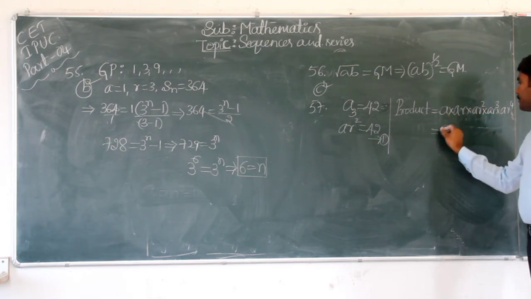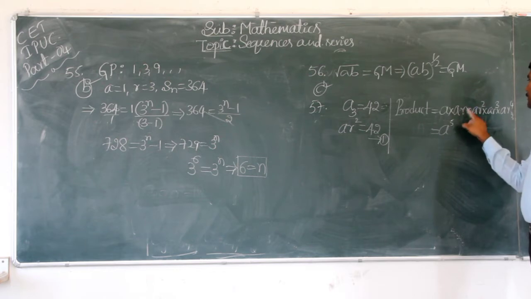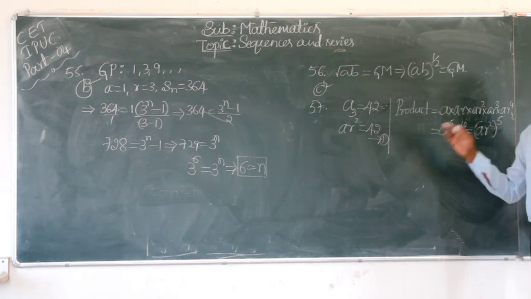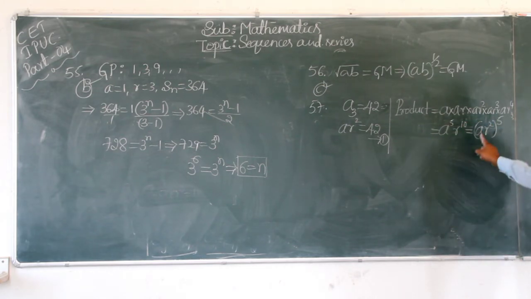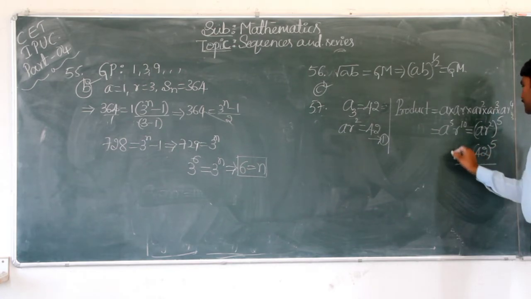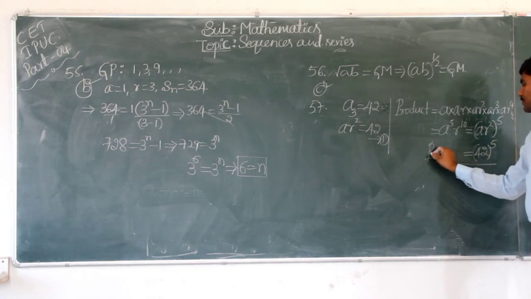Adding powers: A to the power of 5, and R to the power of 1 plus 2 plus 3 plus 4 is 10. So A power 5, R power 10 can be expressed as A into R power 2, whole to the power of 5. From equation first, A into R to the power of 2 is 42. So 42 to the power of 5 is the product of first 5 terms of the GP.